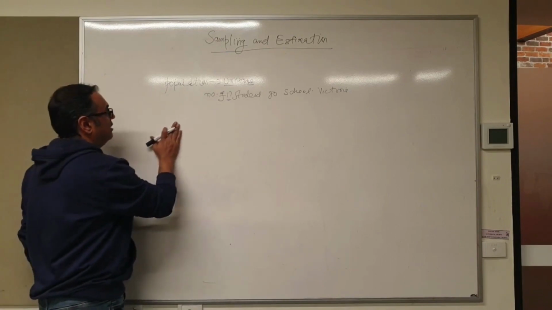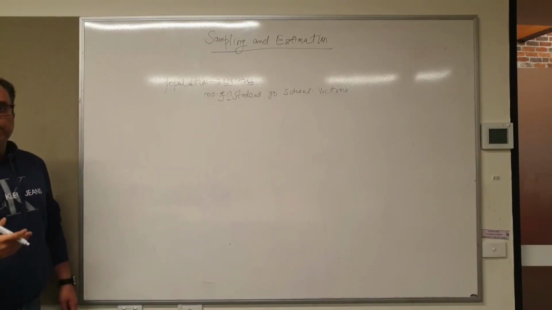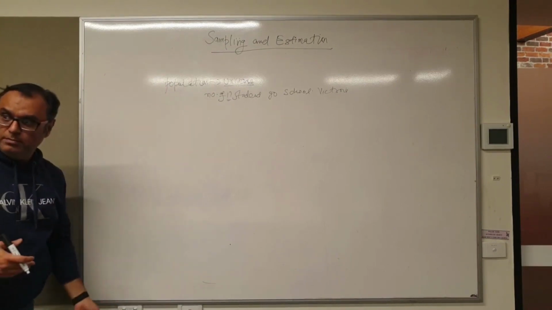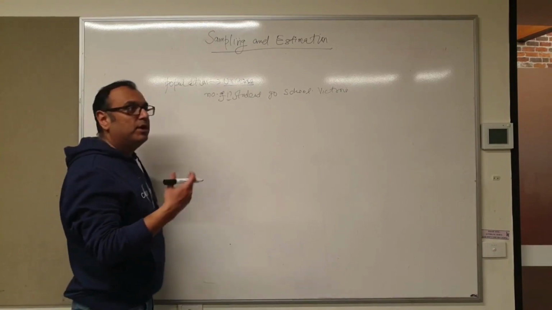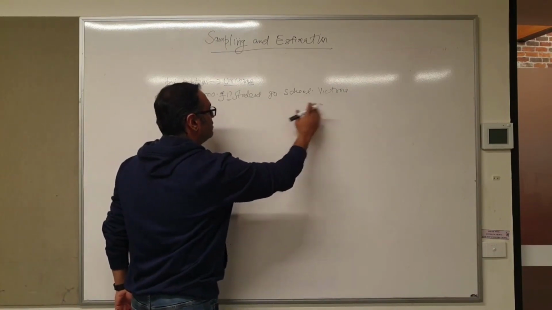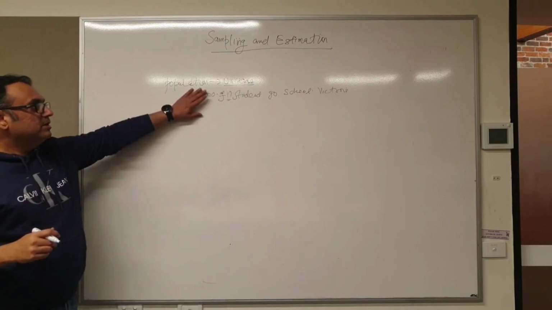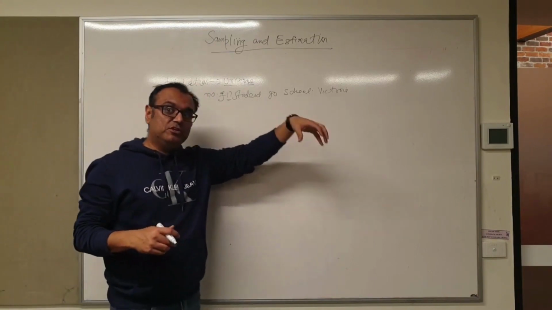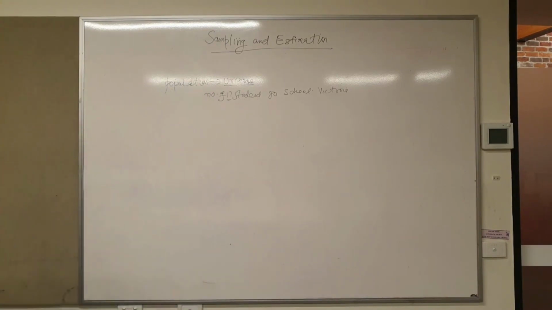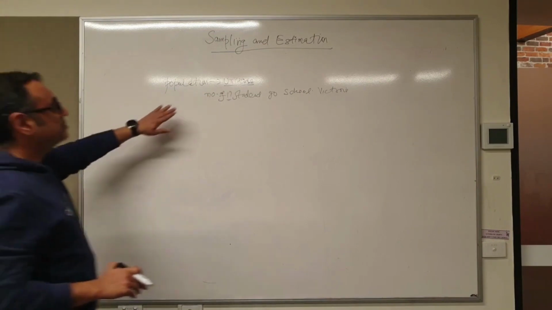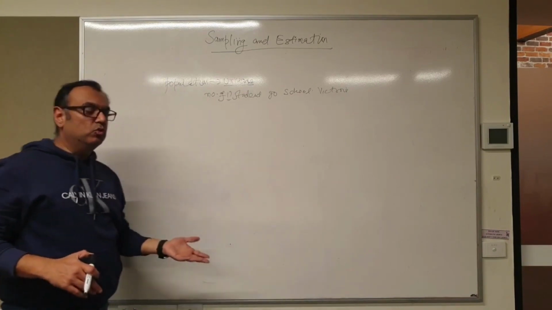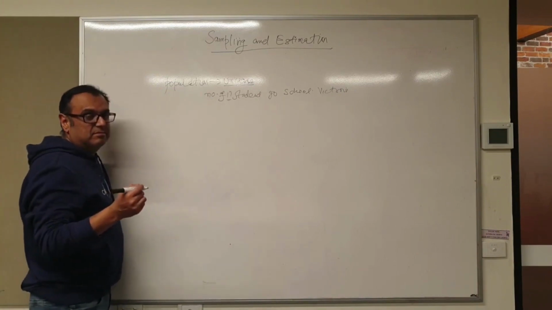But then if I ask how many of them in Victoria go to school, then what do I have to do? I have to literally go and count each and every house of Victoria and see how many of them are 17 years old and going to school, which is time consuming.